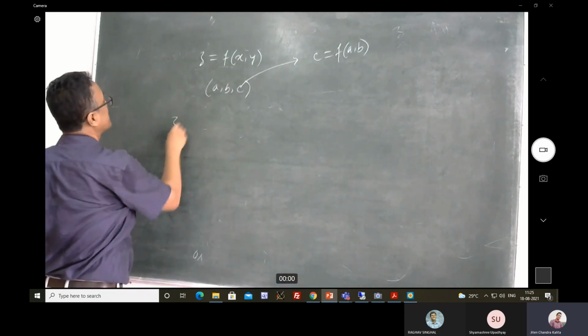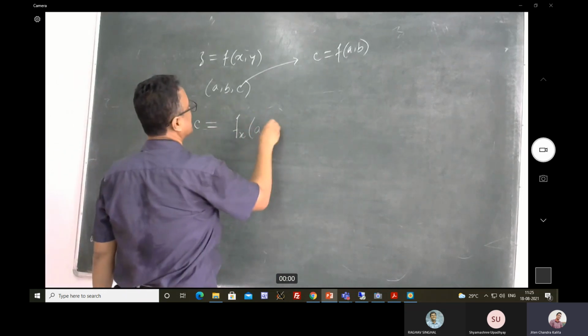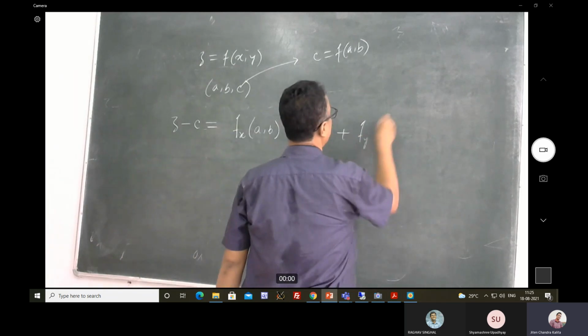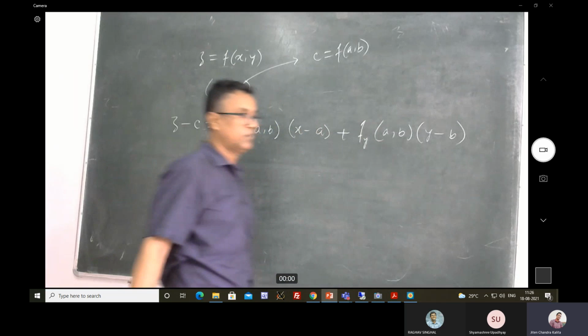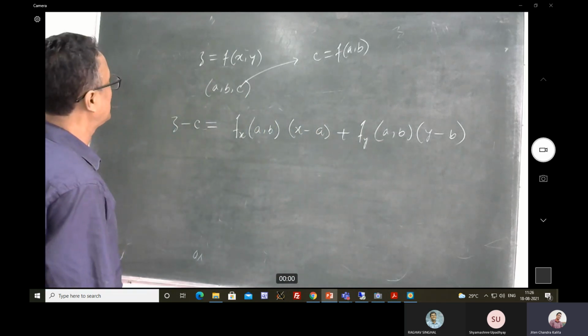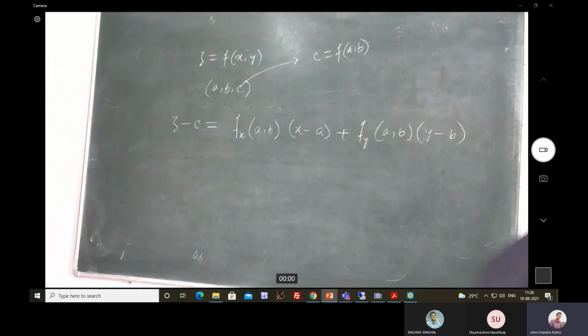Then the tangent plane will be given by z minus c equal to fx(a, b) times x minus a plus fy(a, b) times y minus b. Okay, fine.